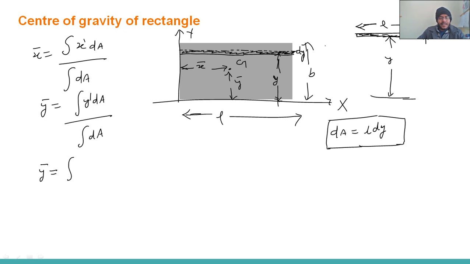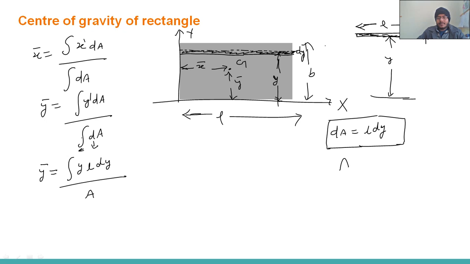So y dash we can write as y, and in place of dA we can write L into dy. Here is the integration and here the differentiation, so automatically it will finally become A, where A is the total area of the rectangular portion.